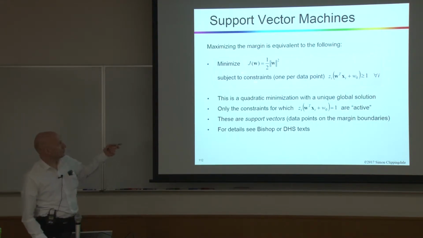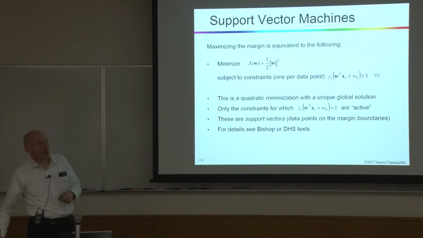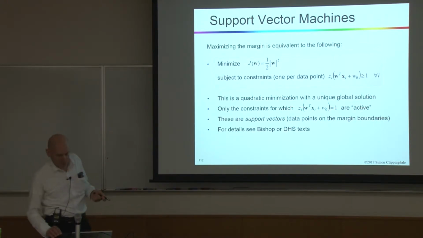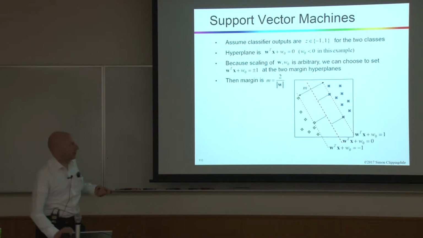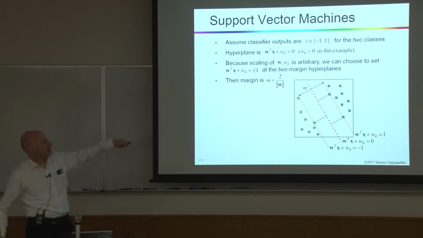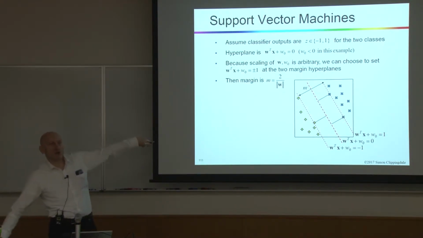So this problem, this constrained minimization, is a quadratic constrained minimization. There's a unique global solution which can be found. The thing is that only the constraints for which this thing is exactly 1 are active. What that means is that the only points in the training set that affect the solution are the ones on the margin hyperplanes.